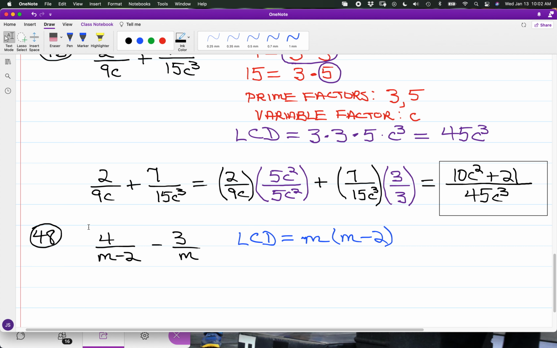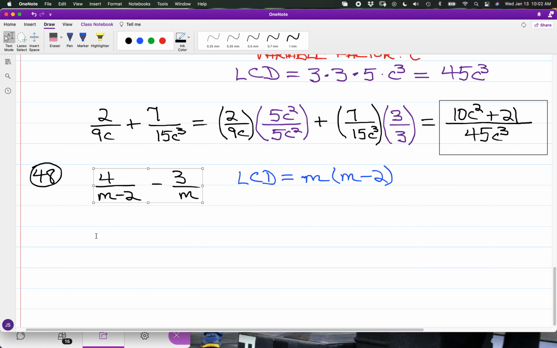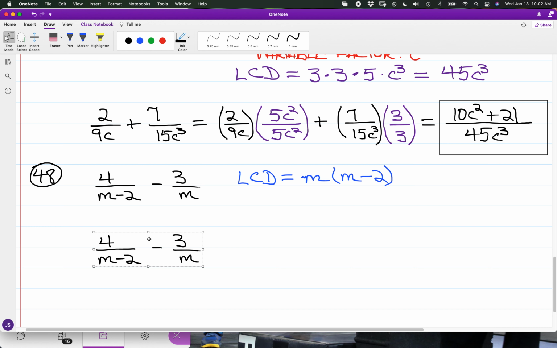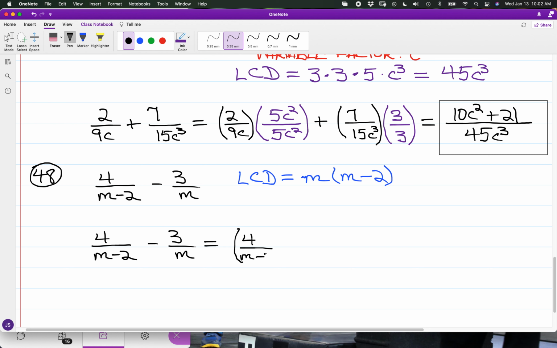And taking what we have here, so we have 4 over m minus 2, and relating to what we have in the least common denominator. So we have the m minus 2 factor, but we need the m.